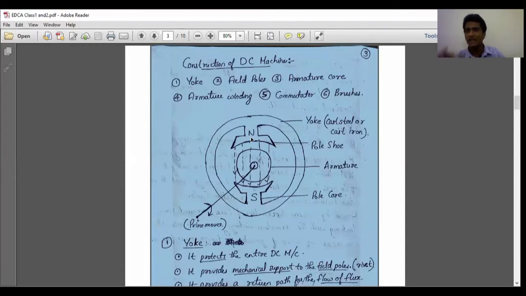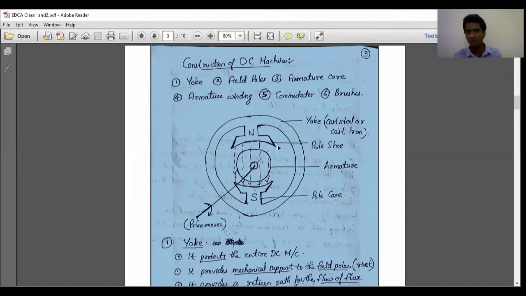That is what is called excitation failure. So if the pole shoe was not there, what was the issue? A chance of excitation failure. Clear? That is the first point of the pole shoe.